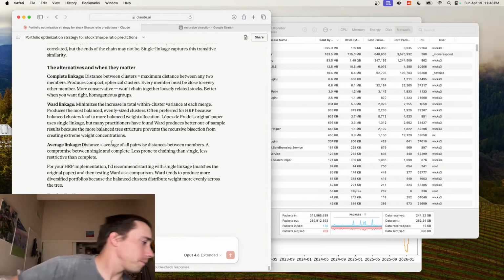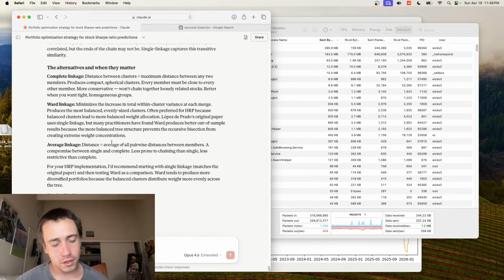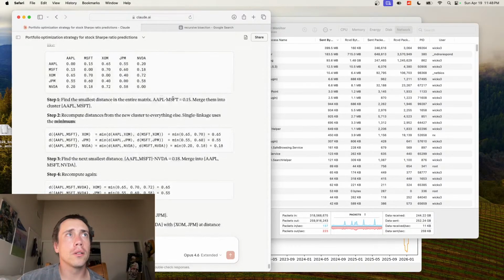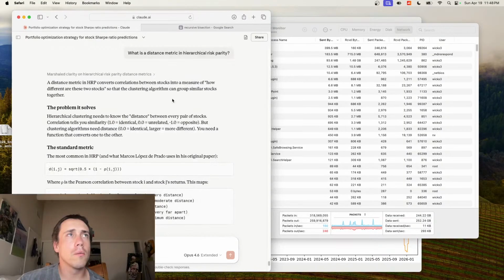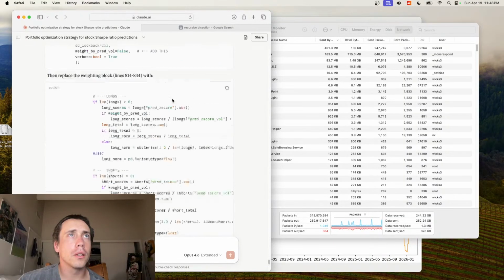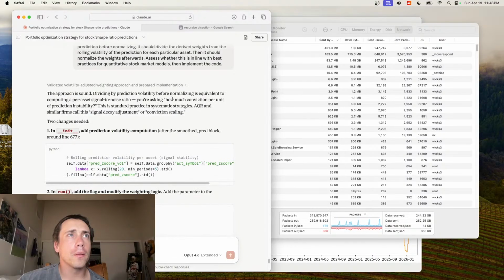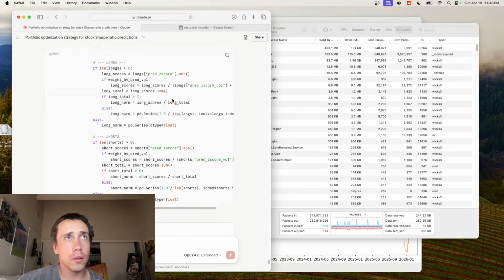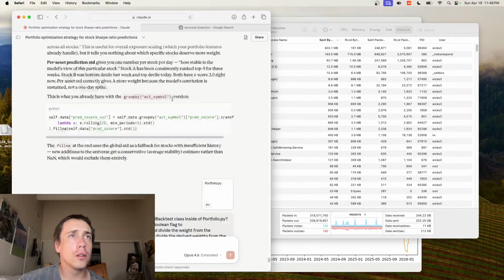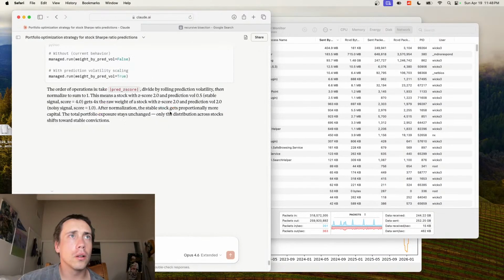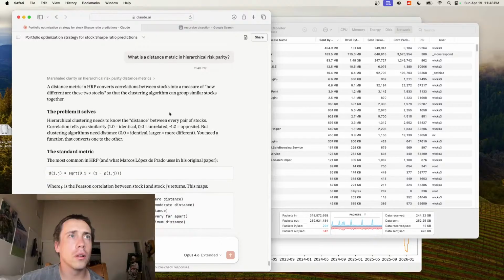Okay, so step one, define a distance. So the distance is the Euclidean distance, root of, I think, 1 minus, root of 1 minus, root of 0.5 times 1 minus rho of ij.